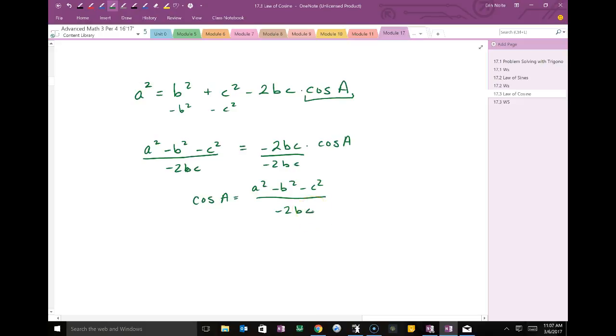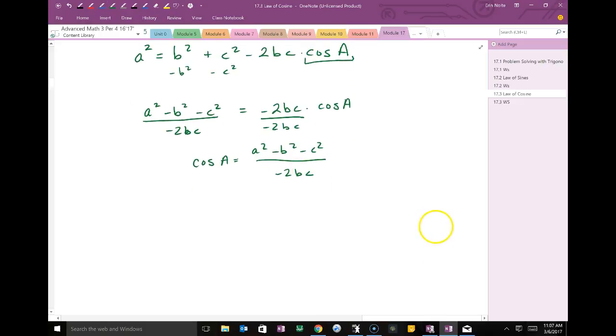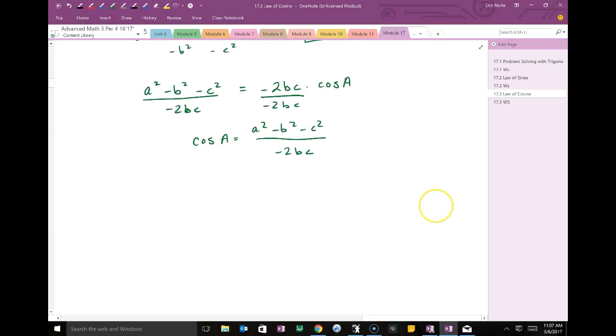Now, there's a lot of negatives going on, so I'm going to divide by a negative. Are you ready for this? And this is the formula that you should write down: b squared plus c squared minus a squared over 2bc.